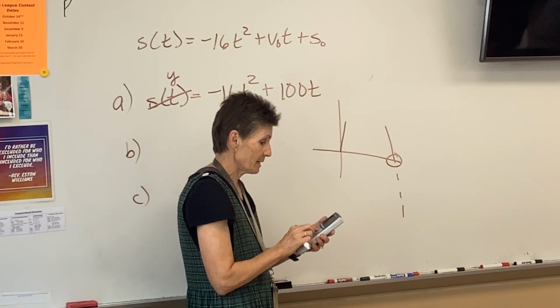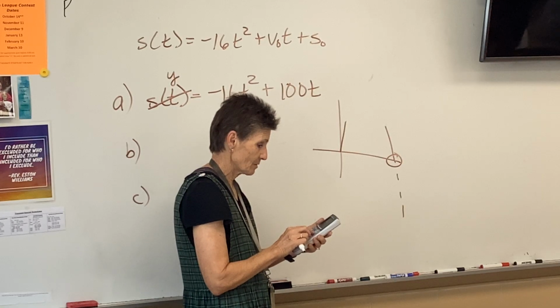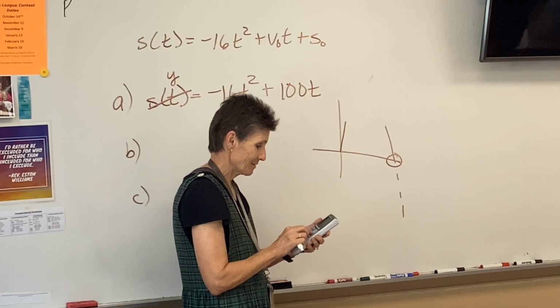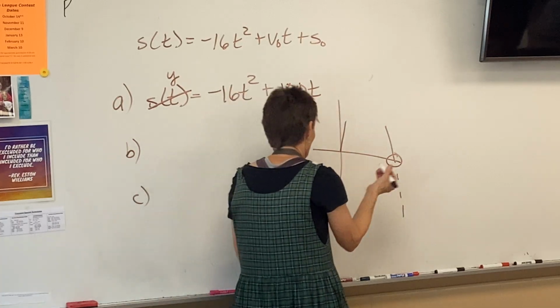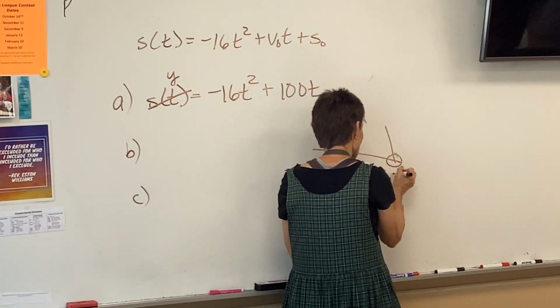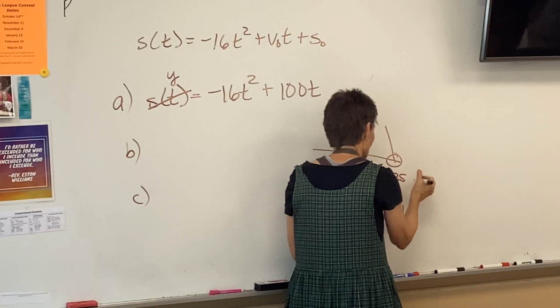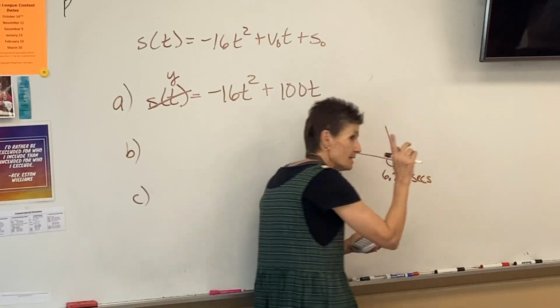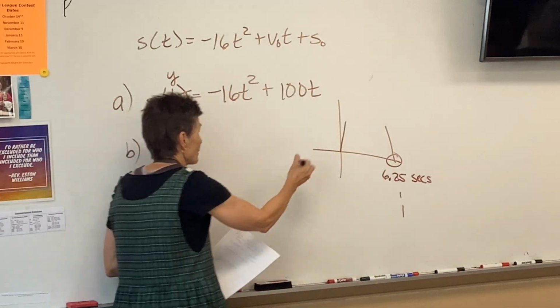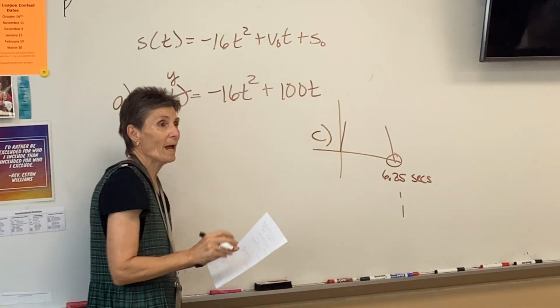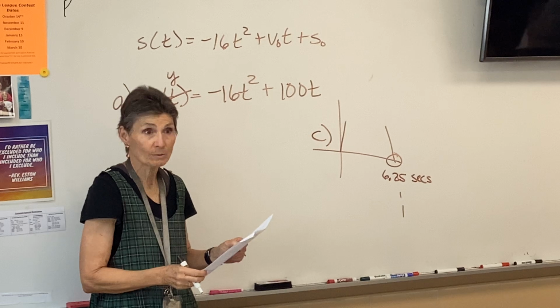And then I guess about there. So mine actually came out nicely. Did you get 6.25? Yes. And that would be seconds. Now, I kinda got out of order here. That is the answer to problem C. When does the ball hit the ground?